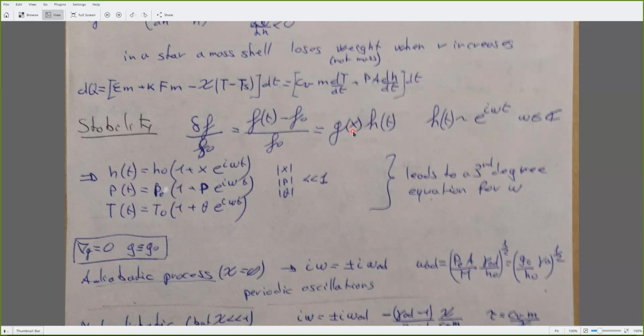X is not the position, it's just a general variable connected with the properties. And then we consider that the function depending on the time is just an exponential, with a frequency that is a complex value and not a real value, to be more general.